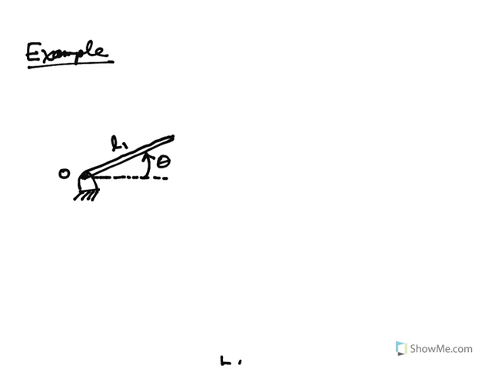The second arm is hinged to the first arm and has a length of L2, and the angle formed between the first arm and the second arm is going to be labeled phi. The point which defines the hinge or the pivot between the two arms is going to be labeled Q, and then the end of the second arm is going to be labeled P.